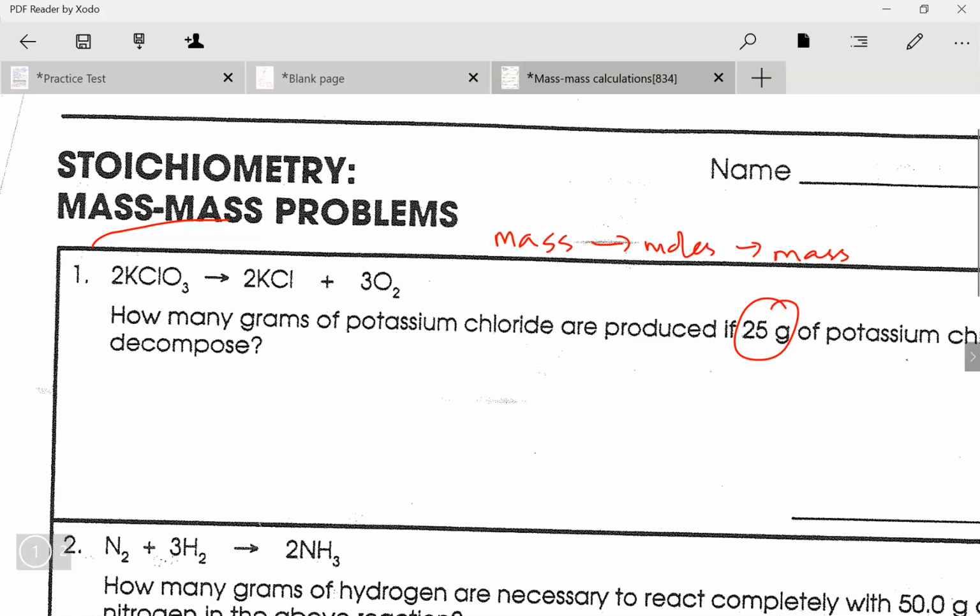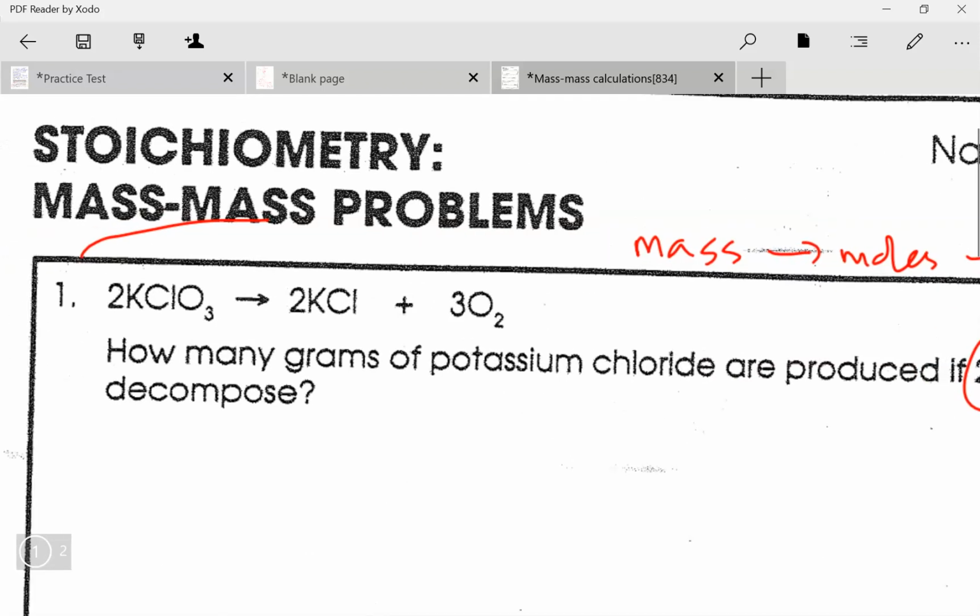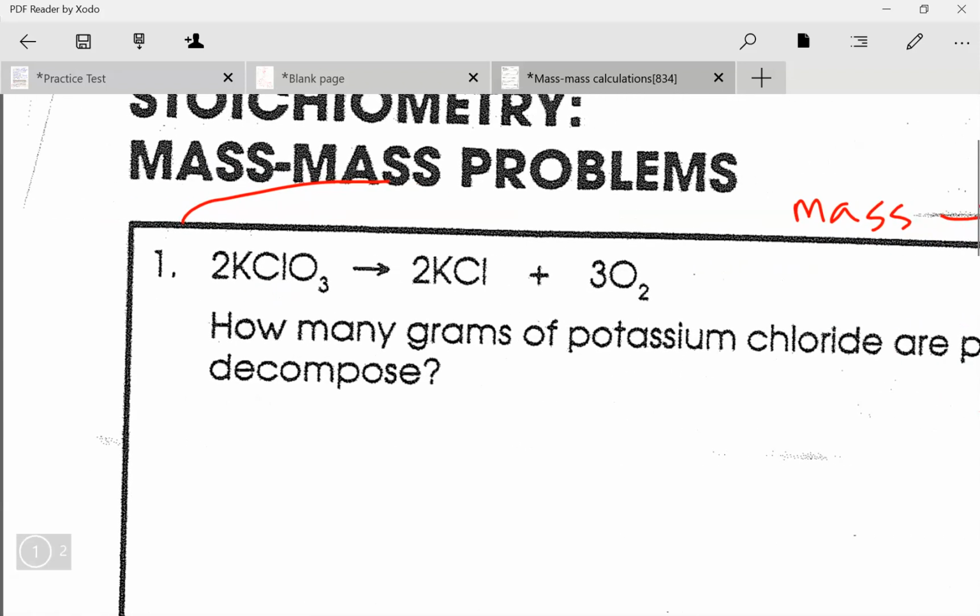So I have 25 grams of potassium chlorate, which is this guy, right? So I have 25 grams of KClO3, and I'm going to convert that to moles. So how do I convert mass here to moles? I'm going to divide by molar mass. So I'm dividing by the molar mass of KClO3, which happens to be 122.55.